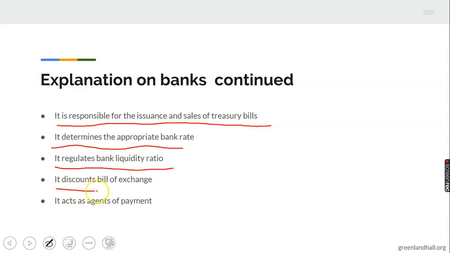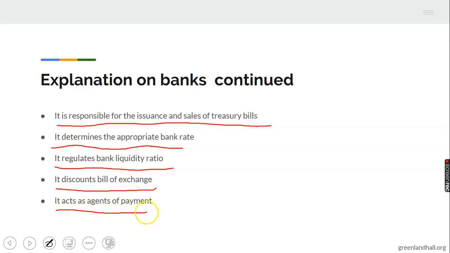It discounts bills of exchange. Discounting a bill of exchange has to do with providing the funds before the maturity date of the bill of exchange, that is, paying the amount of money that is required at a reduced amount before the maturity date of the bill of exchange.